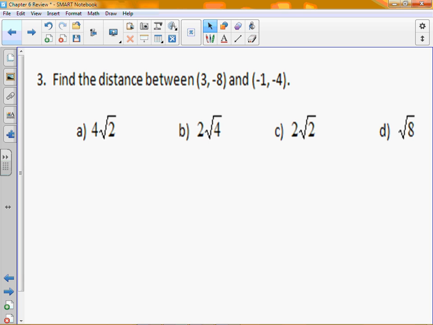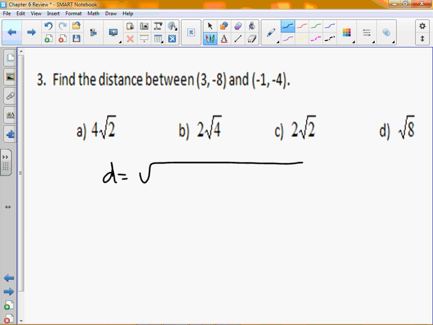Okay, number 3. Again, find the distance. When you have to find the distance, guys, you can't use the midpoint formula. You can't use just any of those 3 formulas. You have to use the one that's designed to give you the distance.